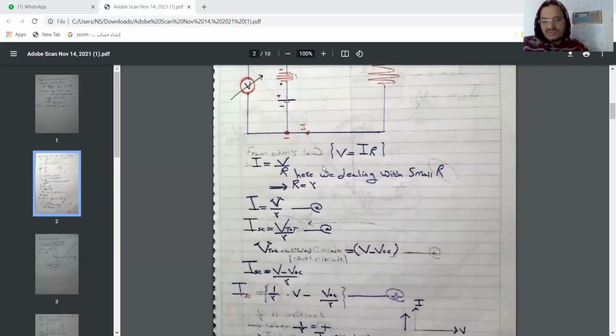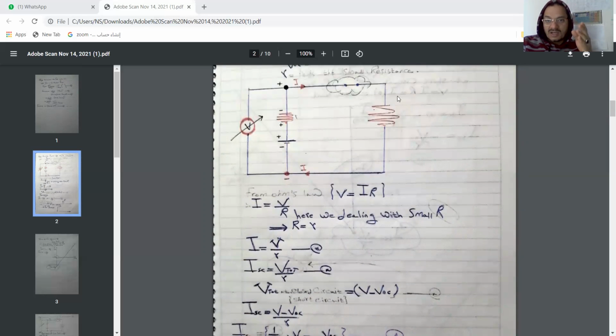From Ohm's law, V equals IR, so I equals V divided by the resistance. Here we're dealing with a small r, because I will write small r to make a comparison between this resistance and the resistance inside the battery or the solar cell.